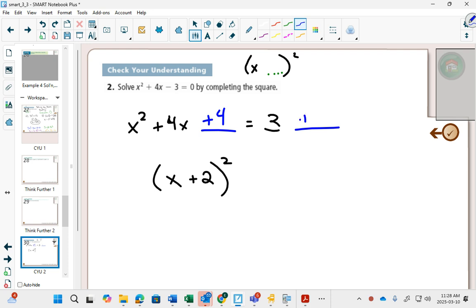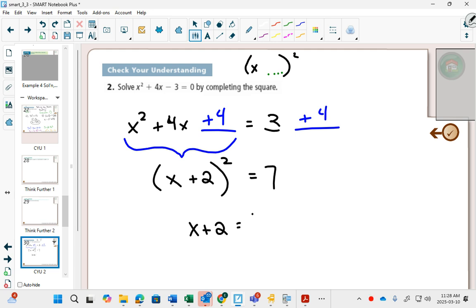And if I add 4 to that side, I have to add 4 to this side. Now this all matches up to give me x plus 2 squared, and the other side is now equal to 7. And now I have a single thing squared. I can use the square root strategy. Square root both sides.